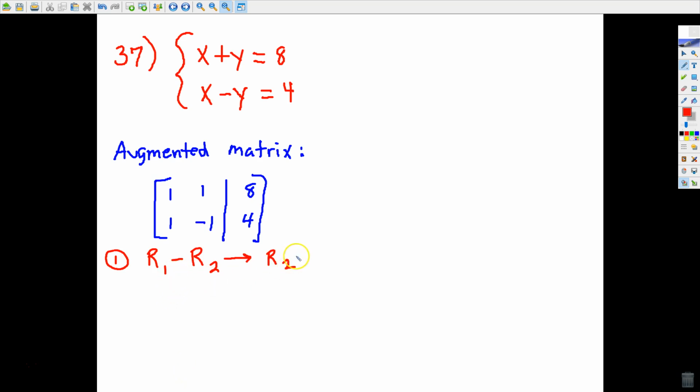Notice row 1's not changing. It's staying just like it was. But after I do this, it will completely replace what I'm showing currently as row 2. So row 1 minus row 2: 1 minus 1 is 0. 1 minus negative 1 is 2. 8 minus 4 is 4.